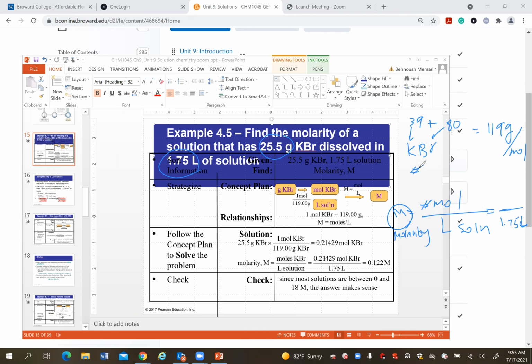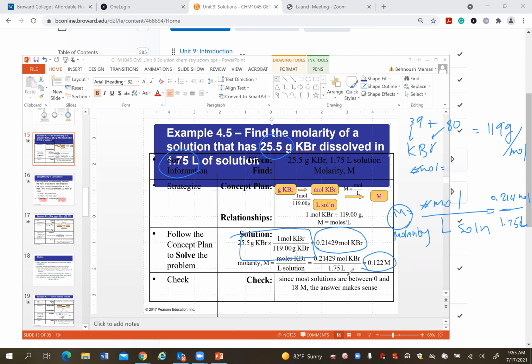So to find the number of moles, I start with the 25 grams times 1 mole of KBr over 119 gram of KBr. That gives me the number of moles. When I have the number of moles, I divide by the liter of solution, and that gives me the molarity.